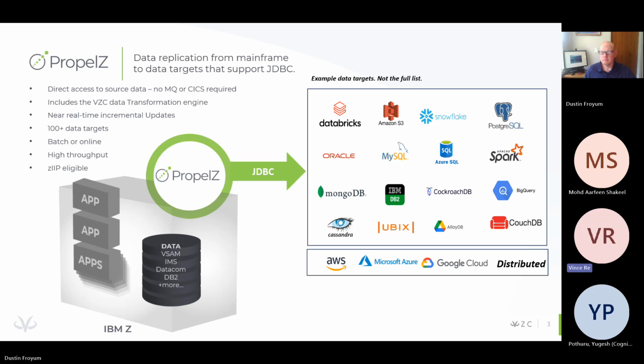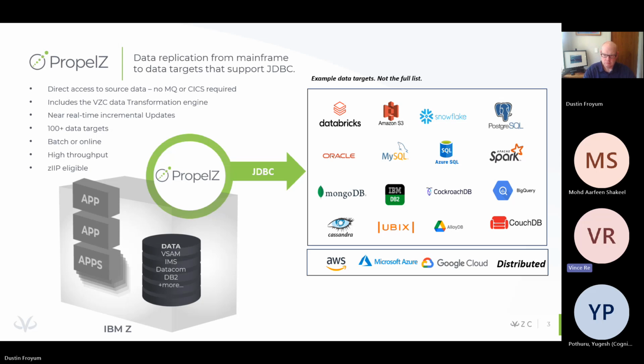And then finally, the output stage. The output stage of PropelZ is, now that I've got this data, what do I want to do with it? And again, most commonly we talk about that as a JDBC process. So, let's say those VSAM file records that I converted to rows and columns, now I want to insert that data into a database somewhere out in the cloud, in my own data center, wherever it happens to be.